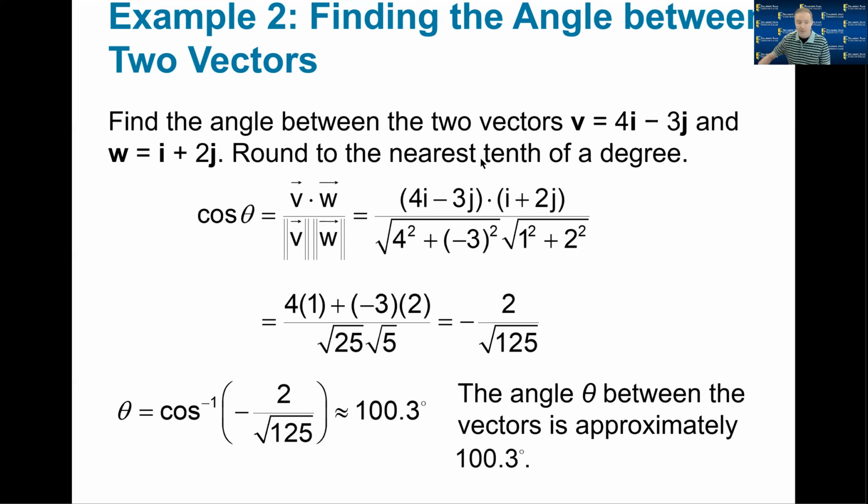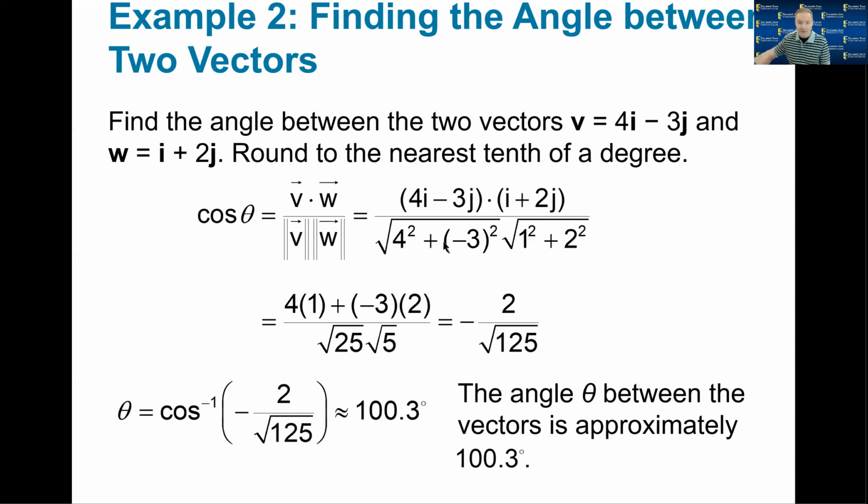Now when I simplify this, for the dot product you always multiply the coefficients of the horizontal components, so 4 times 1, and add that to the product of the vertical components, -3 times 2. So my numerator is going to end up being 4 plus -6, for -2.